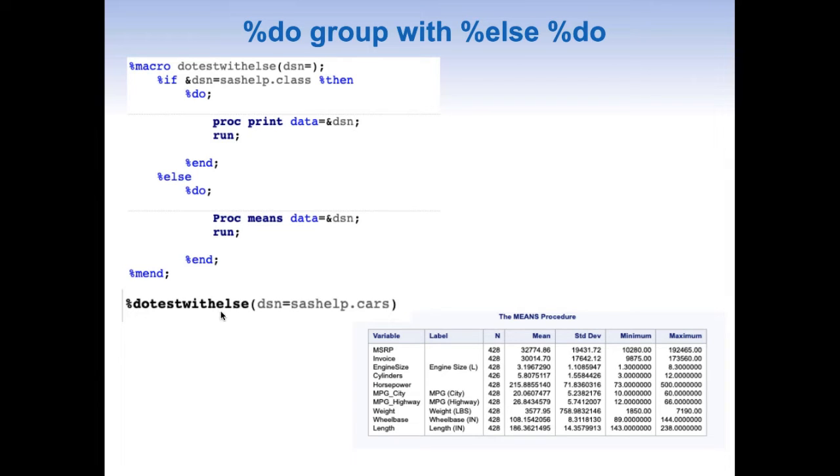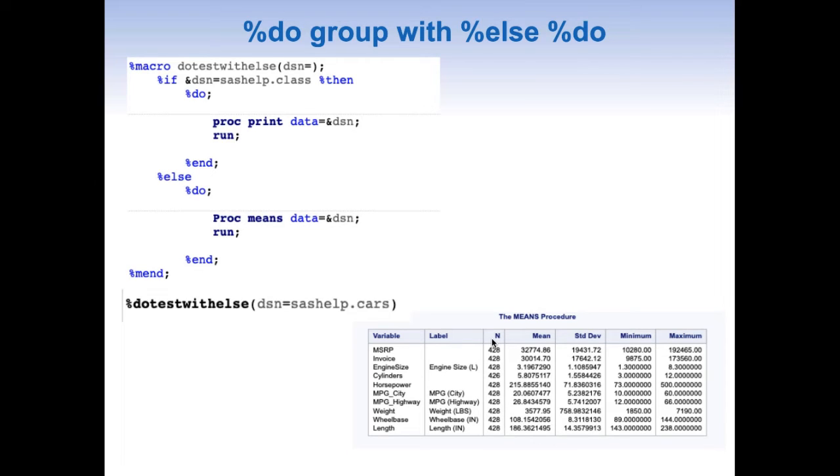Here I'm executing the macro, and in here I'm giving dsn=sashelp.cars. The %if condition does not match because sashelp.cars is not equal to sashelp.class. So the %else condition comes into the picture, and proc means of sashelp.cars runs, and the results you can see in here.